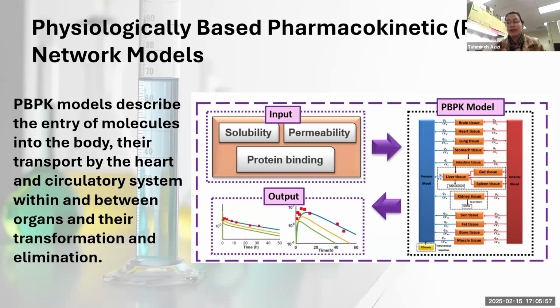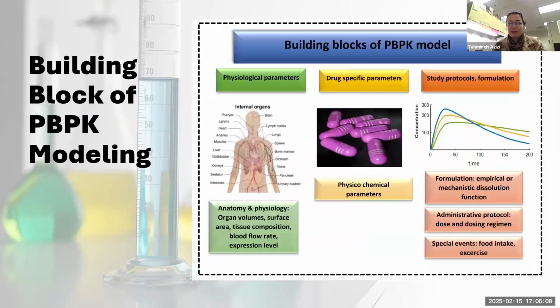This is a general modeling approach that is applied a lot when we start testing a drug using animal experiments. What are the building blocks of this PBPK model? We need to put some information inside this system.